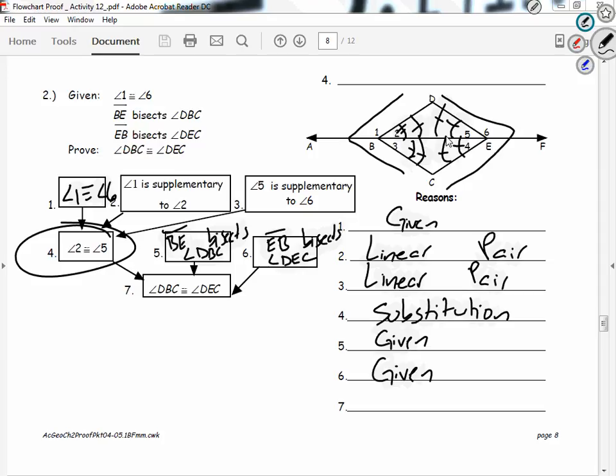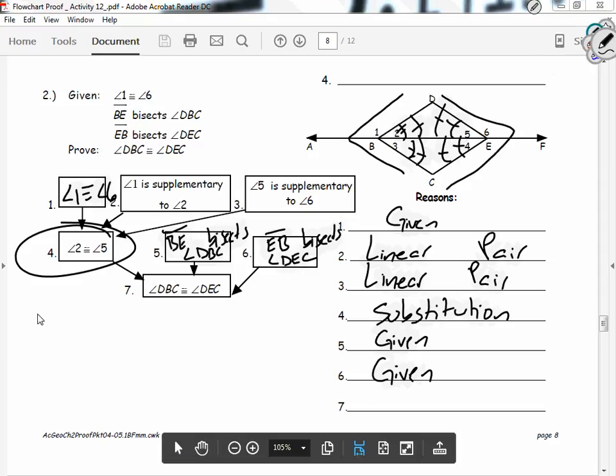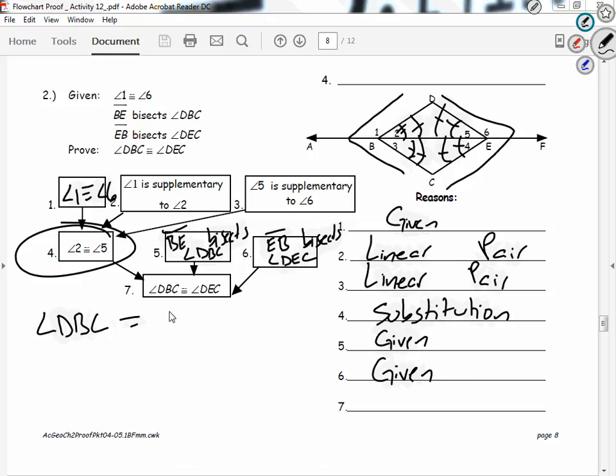So if this angle, and this angle, and this angle, and this angle are all the same thing, why can I say DBC, which is the left angle, is congruent to angle DEC? Substitution. You're asking, how do we know DBC is equal to angle 2 plus angle 3? That's DBC.